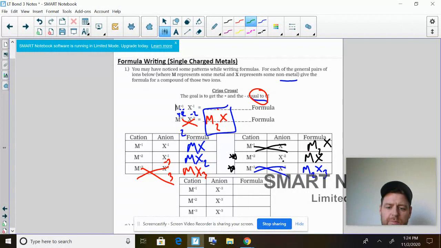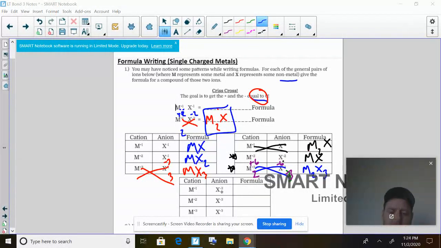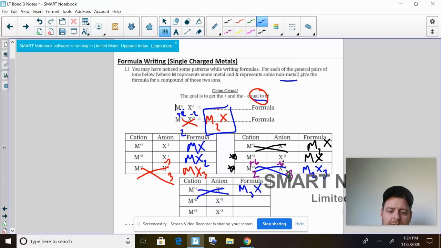That gets me to a common multiple, 3 and 2. So that makes it plus 6. 3 times 2 makes it minus 6. Alrighty, doing good, everybody. Are they equal? Nope. Crisscross. M3X. Go ahead and do these two right here.